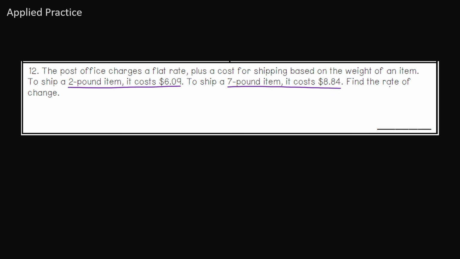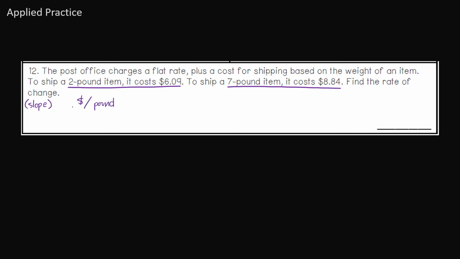So we're asked to find the rate of change, and we all know that rate of change is just another way of saying find the slope. I see that I'm working with 2 different types of numbers here. I'm working with weight in pounds, and I'm working with money or cost. So I think that my rate of change is probably going to be cost per pound.